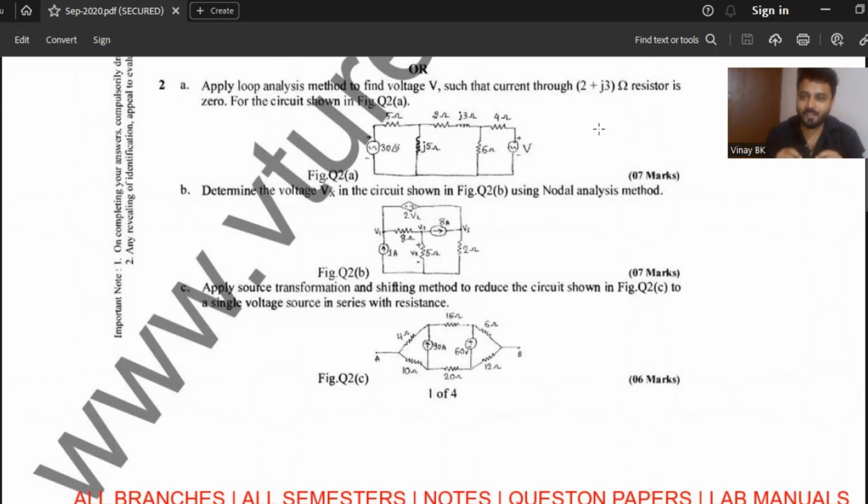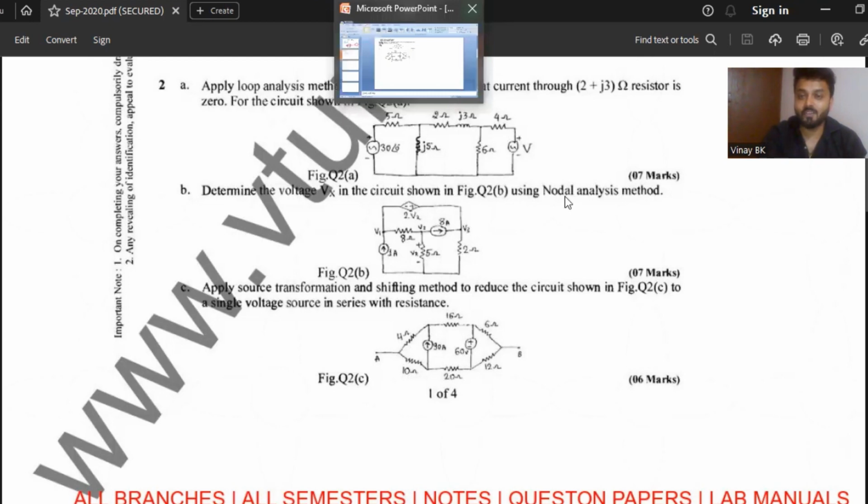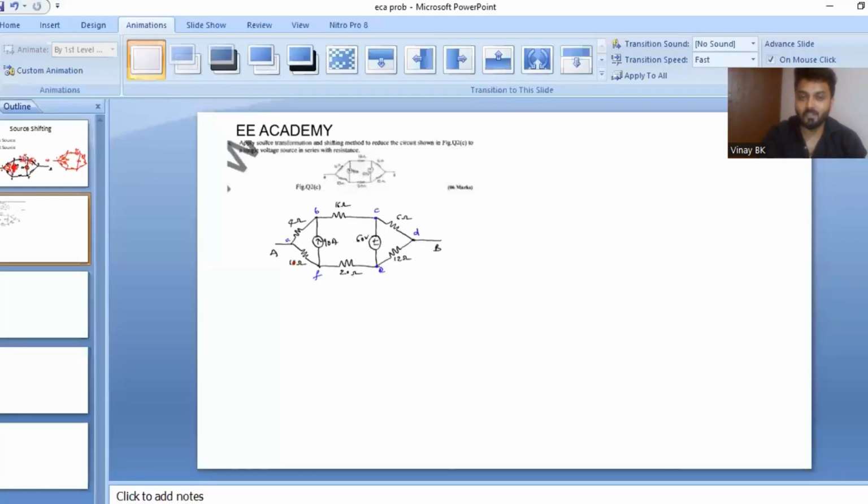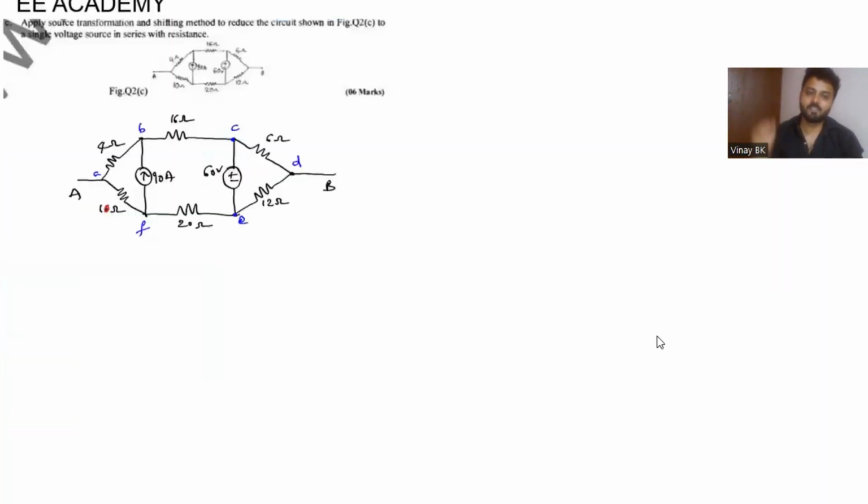You should get one practical voltage source, nothing but a source in series with an internal resistance R. In that form, you have to reduce the circuit diagram with the help of source transformation and source shifting.